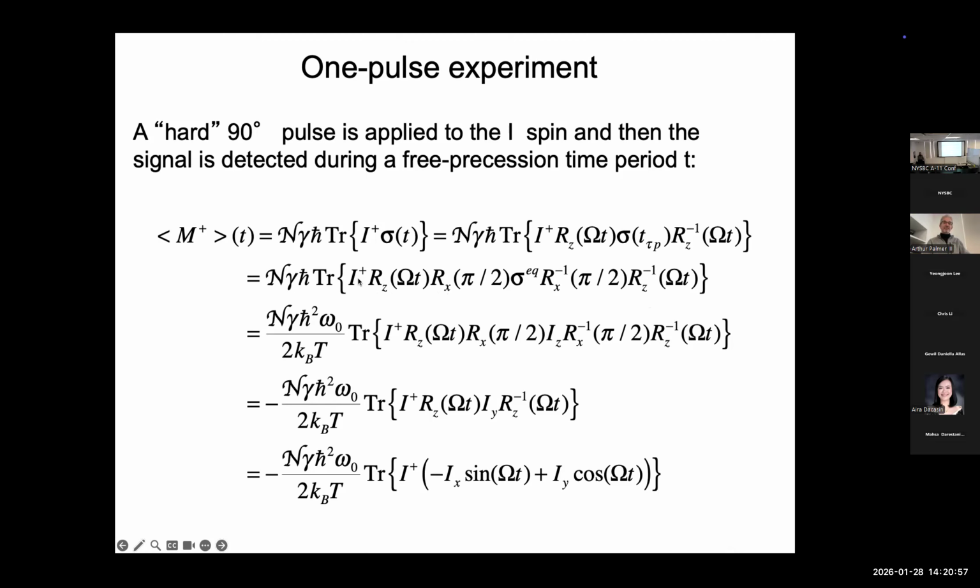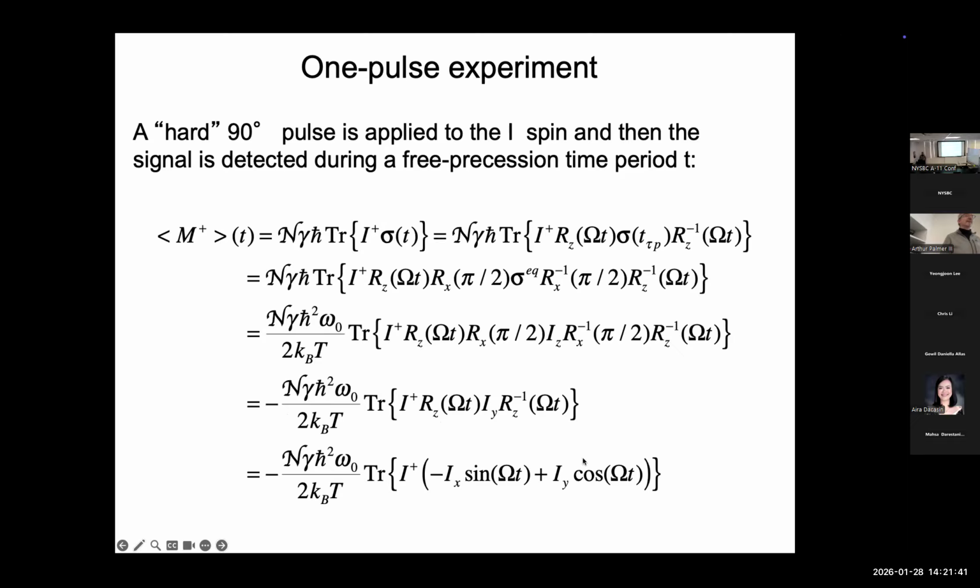And then here's the detection operator. So the equilibrium density operator is IZ times a bunch of constants so that I can bring outside all of these calculations. And I know that a rotation of IZ around X by 90 degrees generates minus IY. So I've made that substitution. A rotation around Z of IY goes towards minus Ix with a sine modulation and stays on Iy with a cosine modulation.